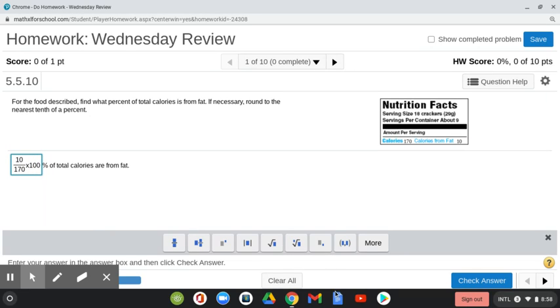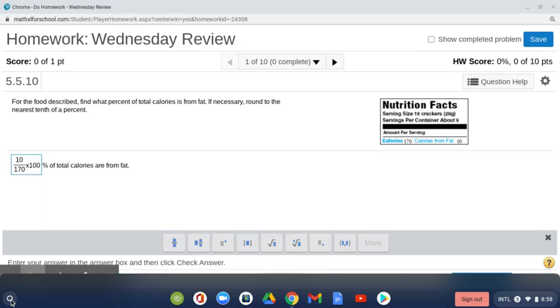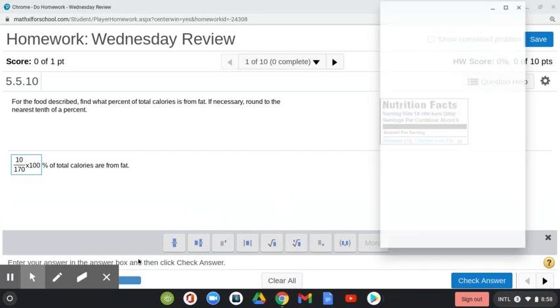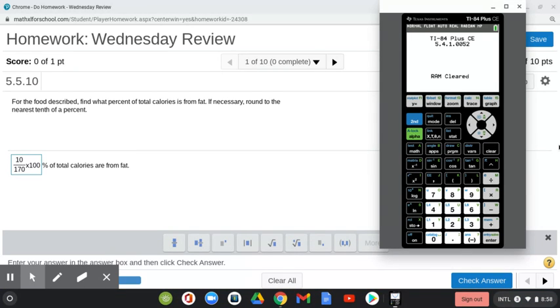Okay, so today we'll start using the calculator. Where did mine go? All right, so I notice if I use the keyboard on my computer, I can type in the numbers.